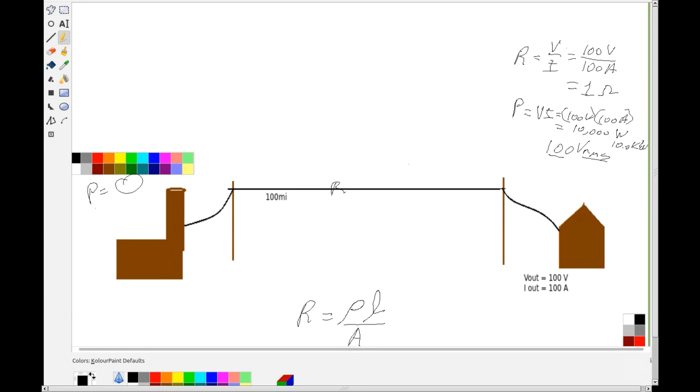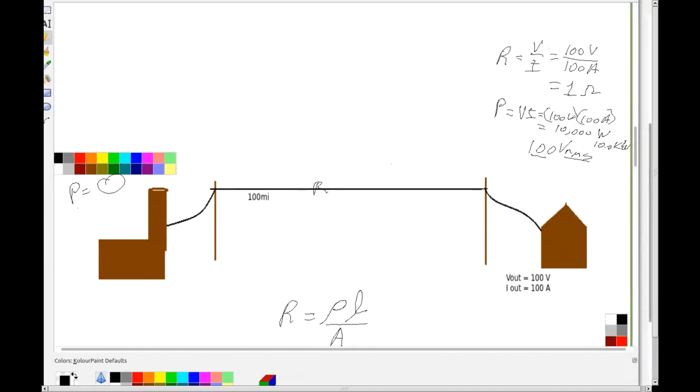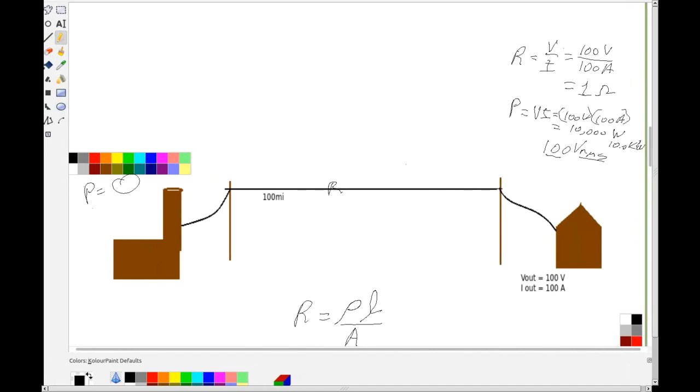Which is running through copper wires, right? It's not running through my electric stove or my water heater or my laser printer or my TV or anything like that. So let's calculate this resistance.